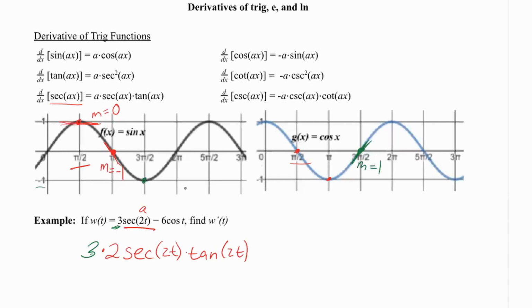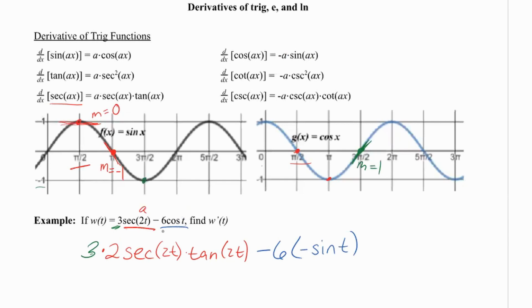Let's take a look at the derivative of the next part now. The minus 6, we pull that out, and the derivative of cosine is negative sine of whatever we have in here. Now I didn't have to worry about the a here because there's that invisible 1 next to the t.